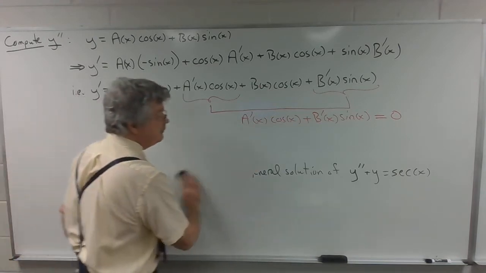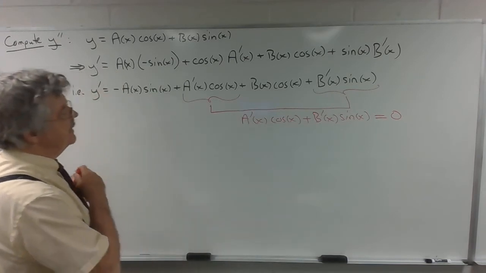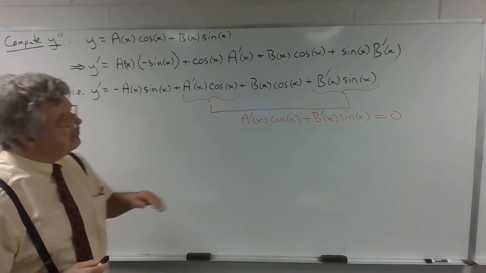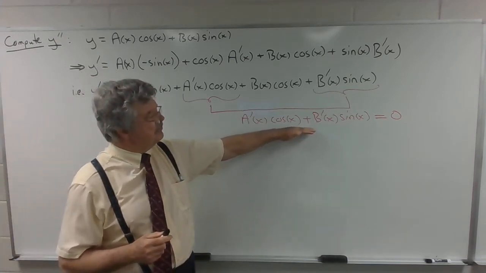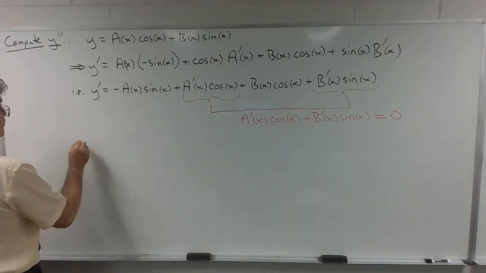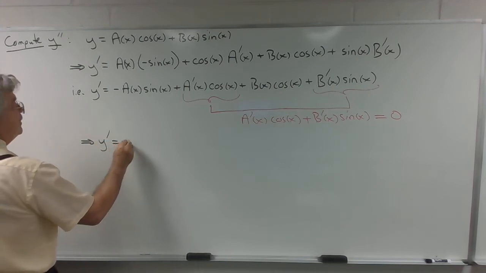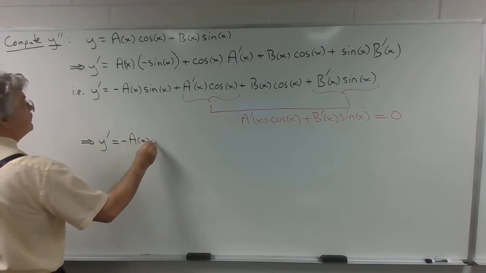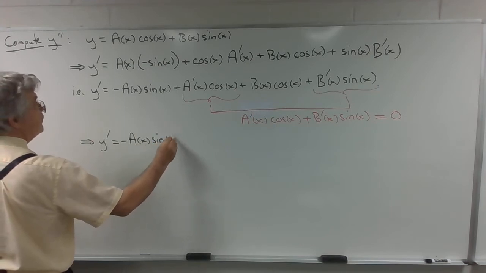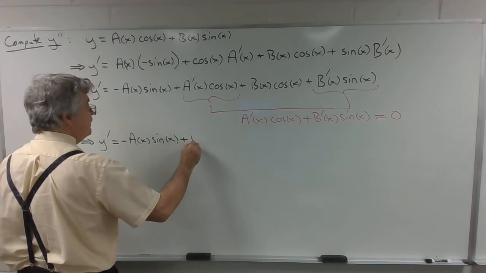So having asserted our right to impose our second restriction and choosing this as the restriction that we impose, this is what y prime turns out to be: negative a of x sine of x plus b of x cosine of x.